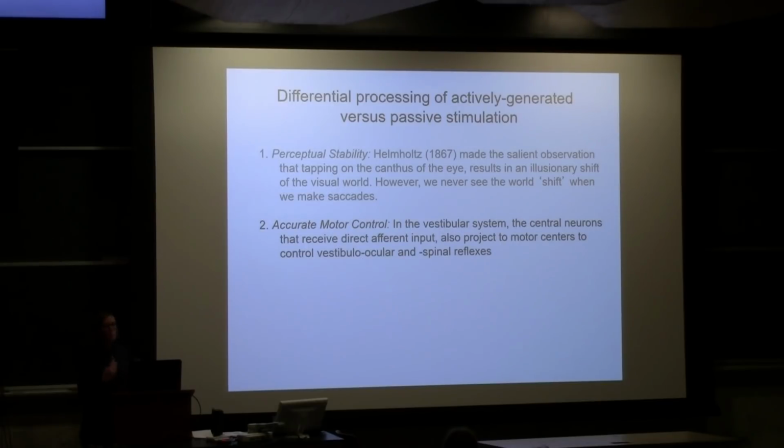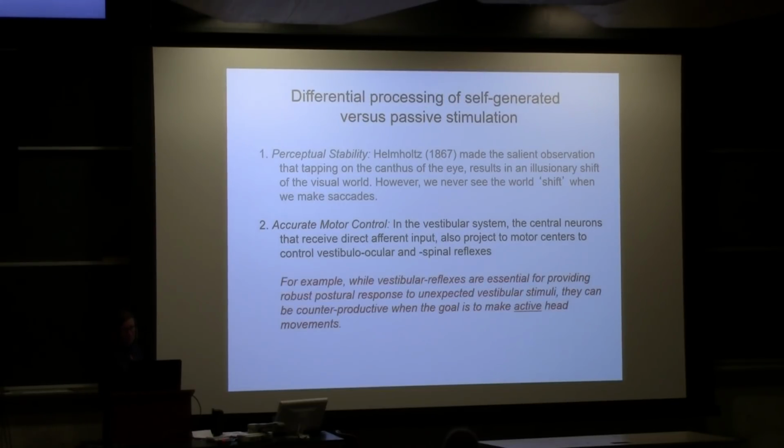You also need this for accurate motor control. So consider the example of the vestibular system. The same neurons that get direct afferent input project down to centers that make vestibular ocular and vestibular spinal reflexes. And particularly the vestibular spinal reflexes, if I'm walking on ice and I slip, I want my postural responses to keep me upright.